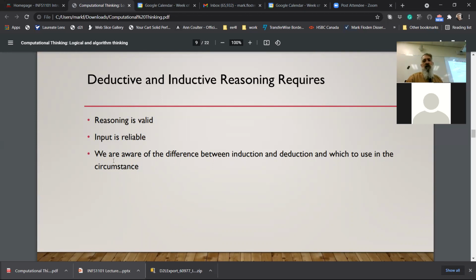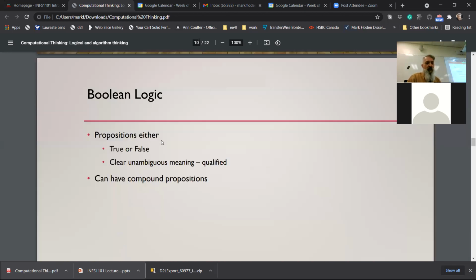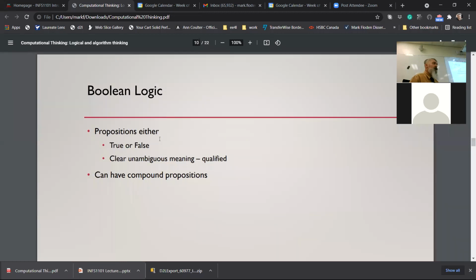Can I do deduction, which is going to be your typical sort of straight from an algorithm, from a flow chart into some code, that might be sort of mathematical. I don't know if you've heard of Boolean. Boolean is true, false. That's basically the nuts and bolts of our computing. It's really, as it says there, unambiguous.